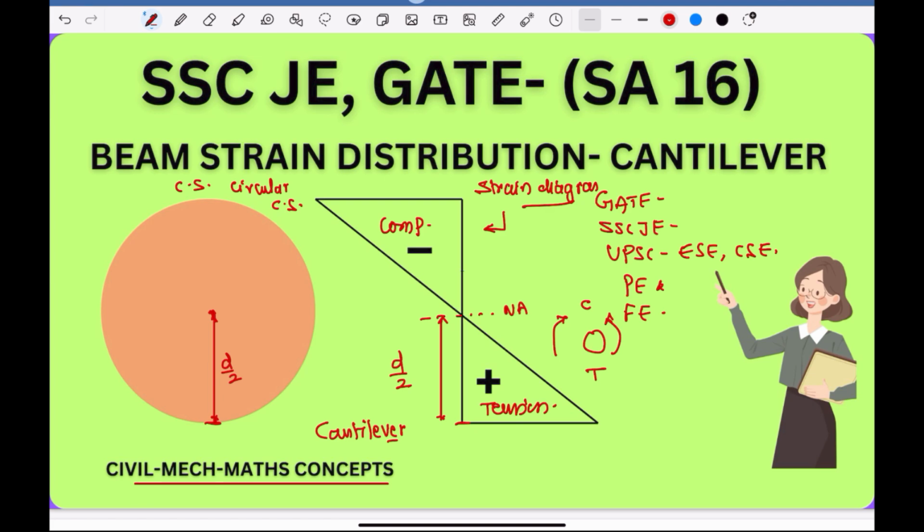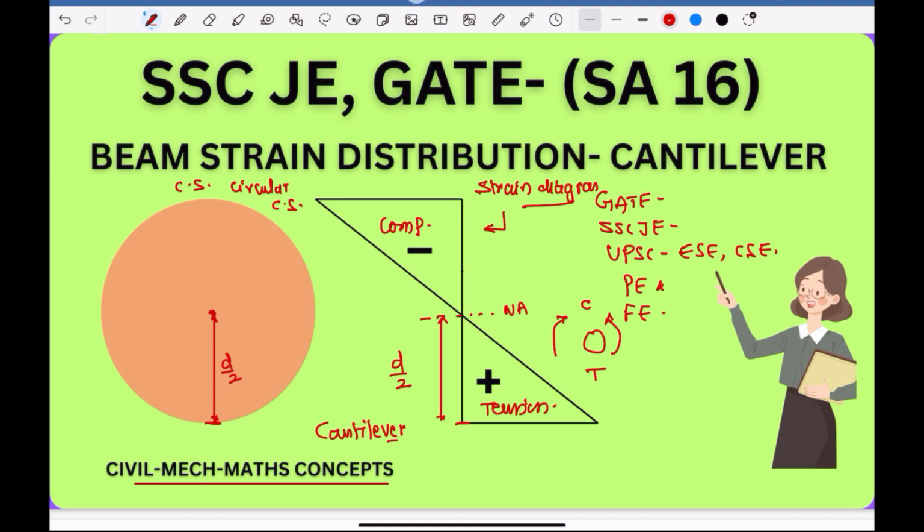Because the beam is bending like this, at the bottom it is subjected to tension and at the top to compression, and the neutral axis passes through the center of the circular cross section. This is what we have already derived and explained in the previous classes.